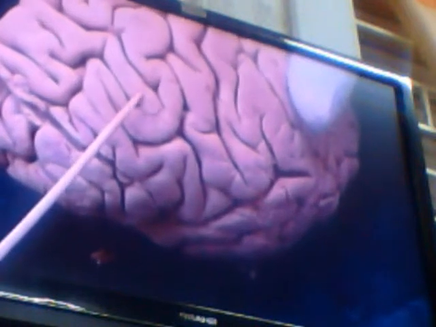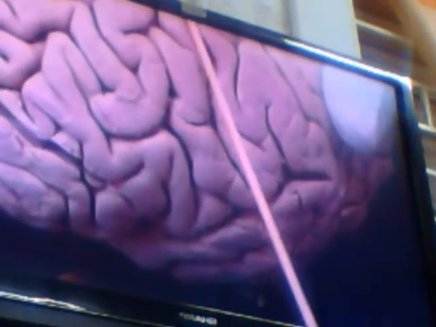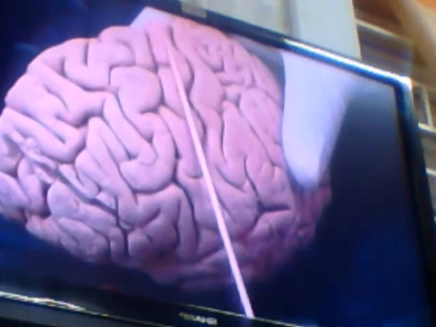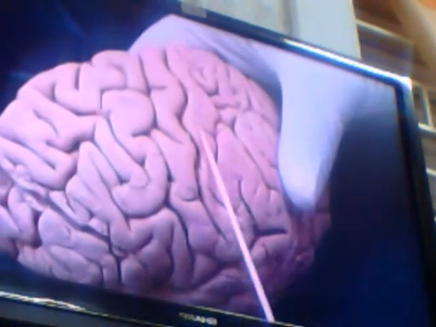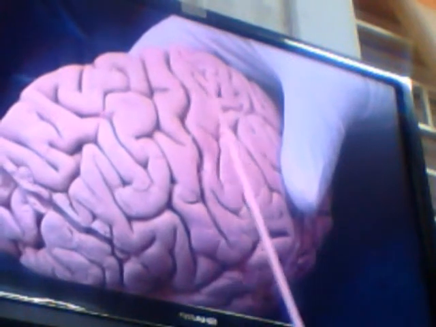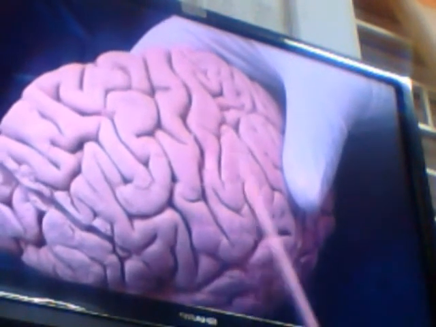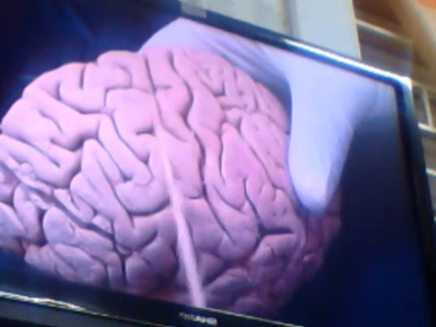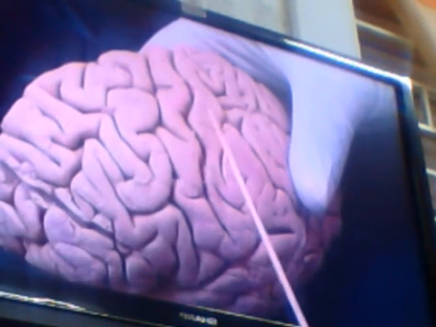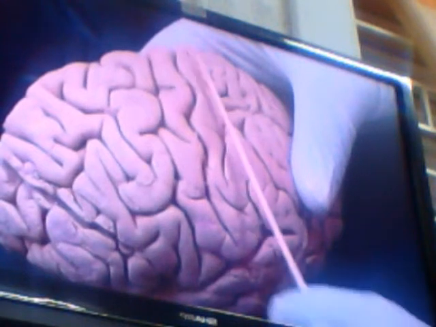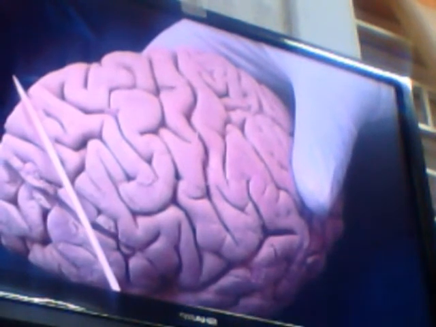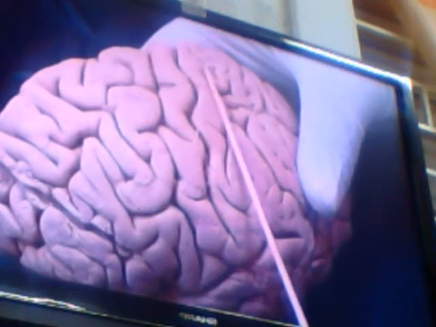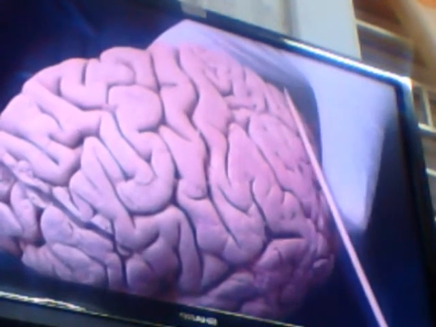Here's the middle. But this one here is definitely running transversely, and it's pretty long. And this one in front here belongs to the frontal, and this one behind here, a piece of it as well, belongs to the frontal lobe, and some of it belongs to the parietal section.